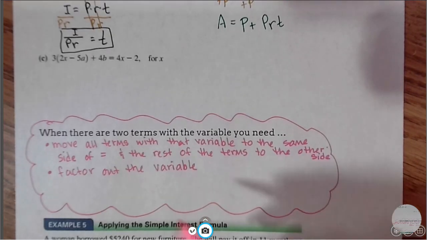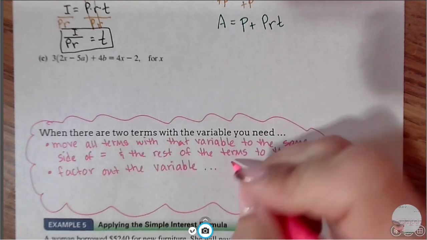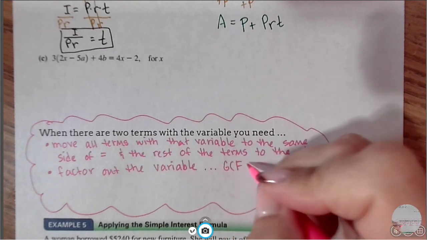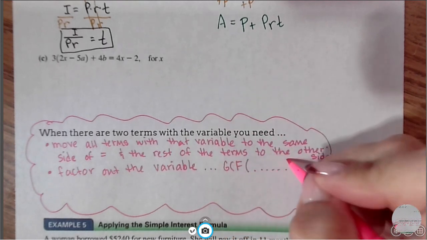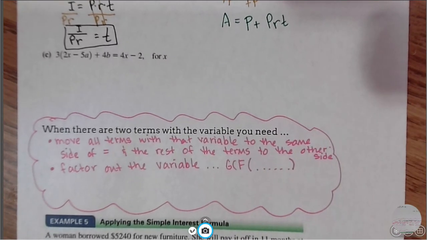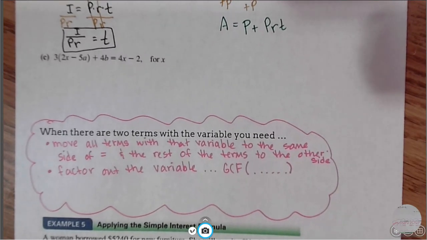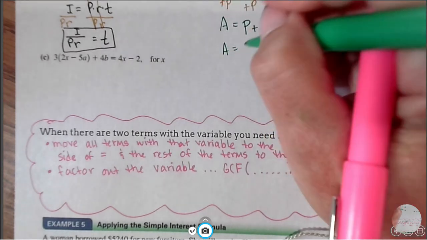So we're going to end up with the variable on the outside because it's a GCF, and then we're going to have other things inside a parenthesis. So on this one, I'm factoring out the letter P.